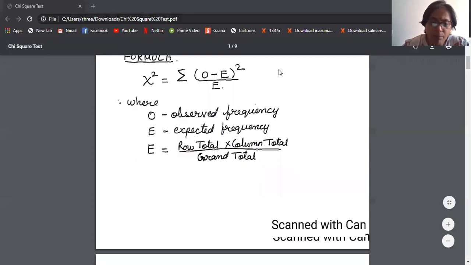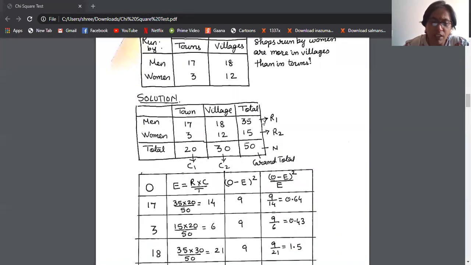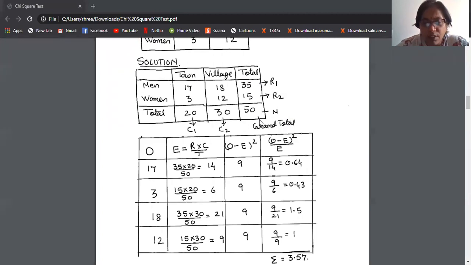Okay. So for example, you take the first one here. Look at the row totals, 35 and 15. The column totals are 20 and 30. And when you add them up, you get 50. So 50 is the grand total. Now, the observed values are 17, 3, 18, 12. Okay. So whatever the data is there in the table that we have written down. So for the value 17, which is the observed value or the observed frequency, we have to find out the expected frequency.